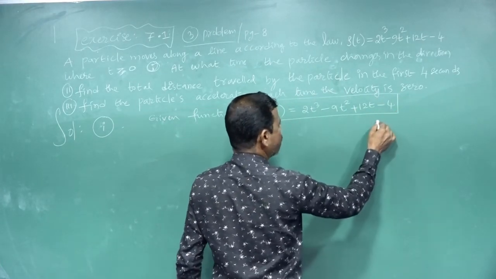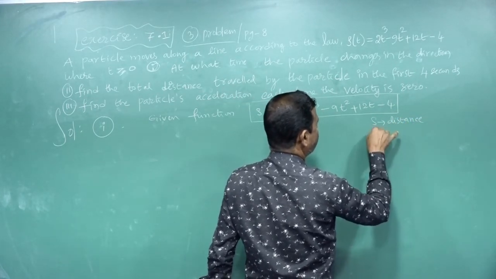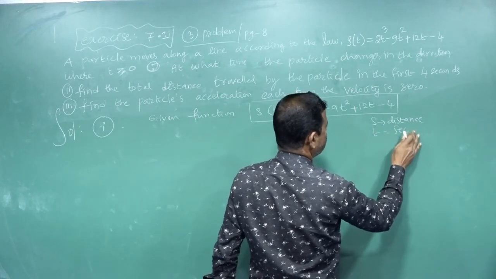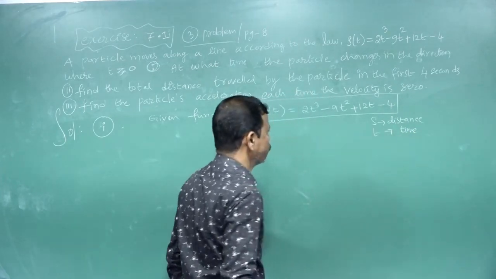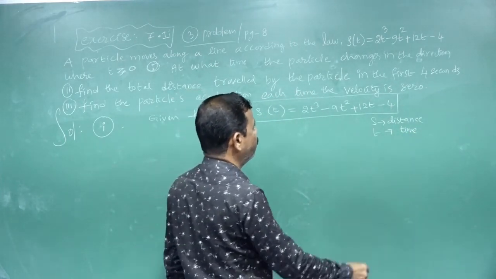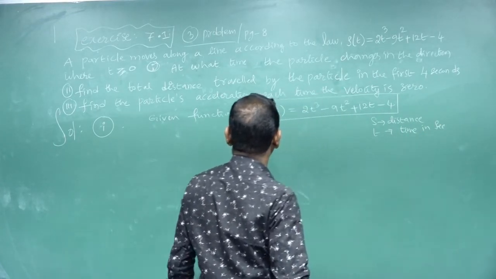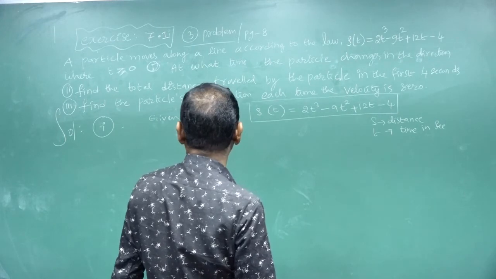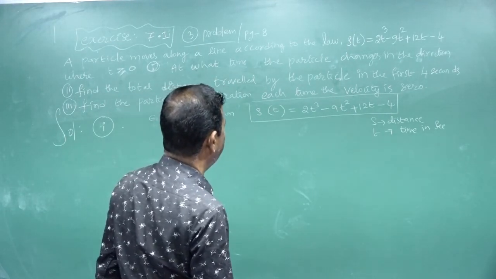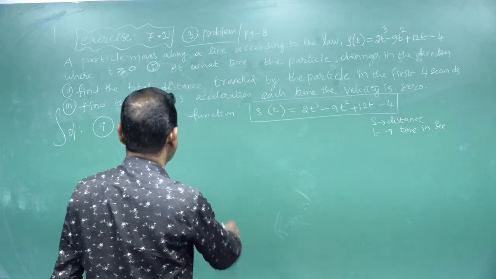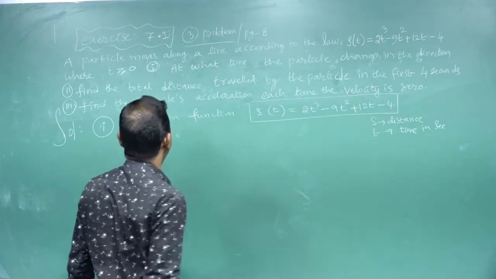Here s is the distance, t is in seconds, otherwise time. Here 4 seconds is already mentioned, that's why time is in seconds. Find the particle's acceleration each time the velocity is 0. Here, at what time does the particle change direction?